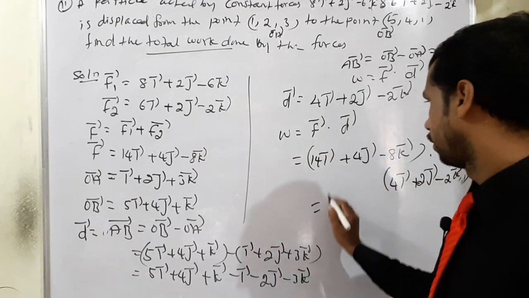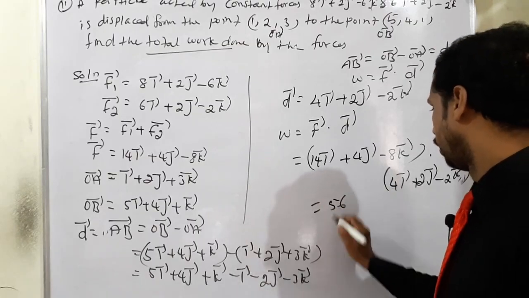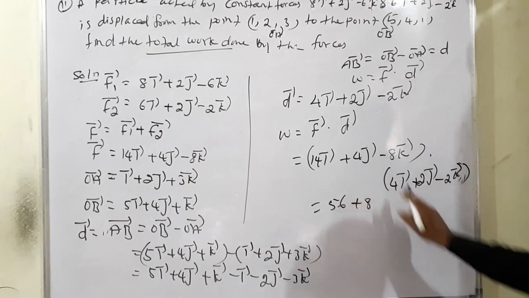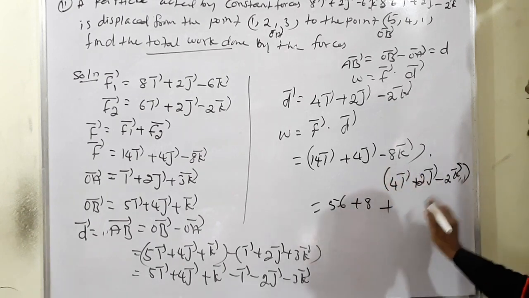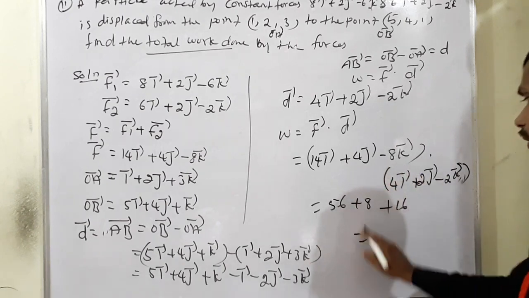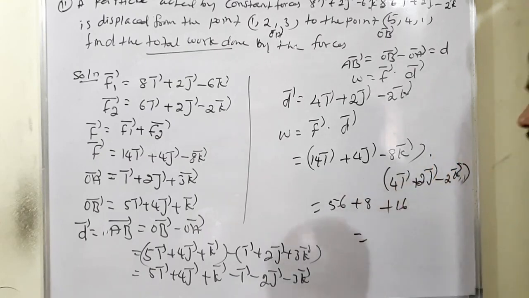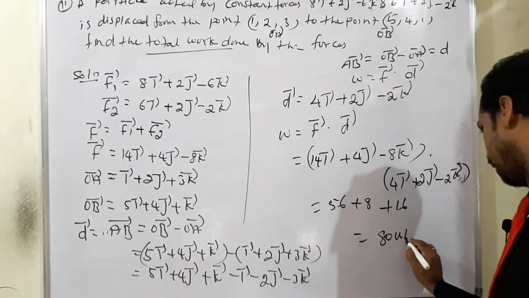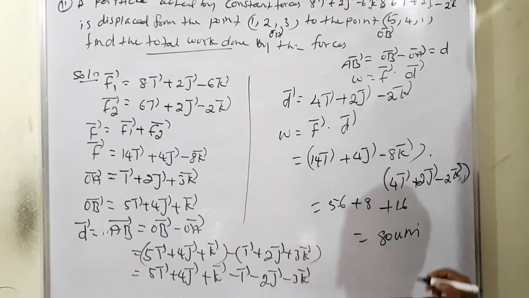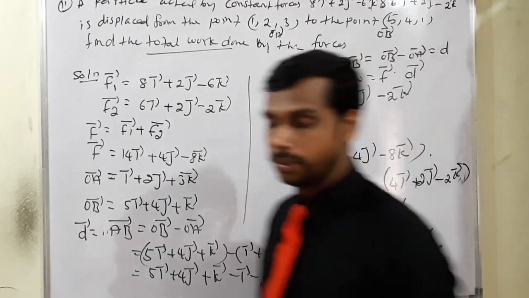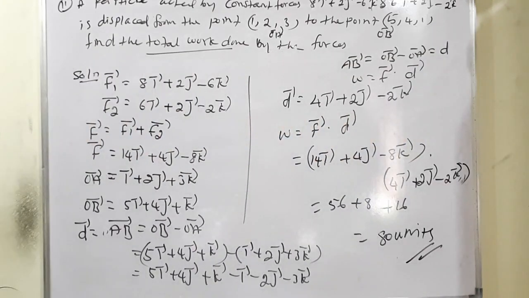Now look there: 14 into 4 is definitely 56, 4 into 2 is 8, and minus into minus is plus 8 into 2 is 16. So 16 plus 8 is equal to 24. 24 plus 56 is equal to 80. Therefore, the answer will be 80 units. This is the answer for question number 11. Okay, I will continue with the next question.